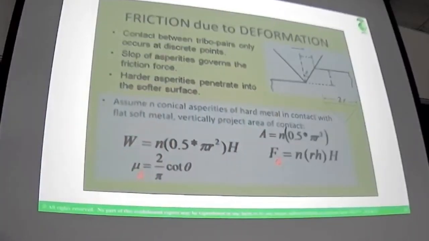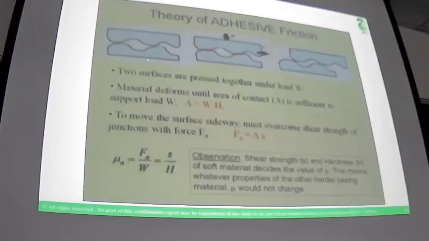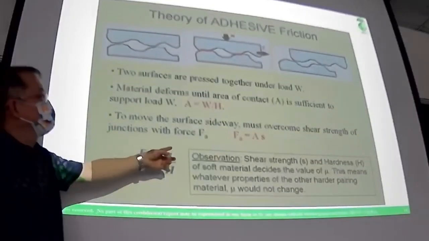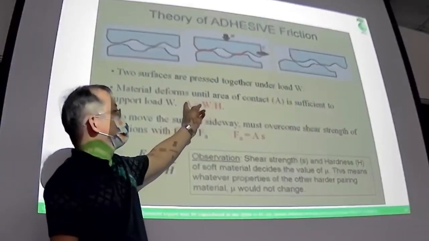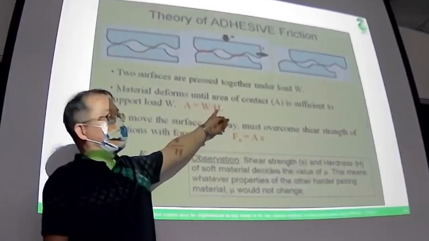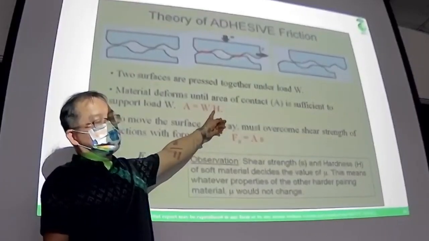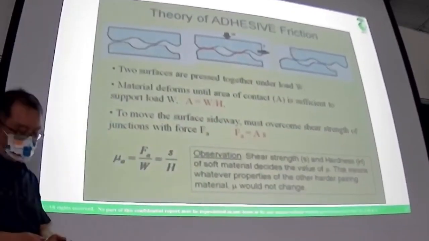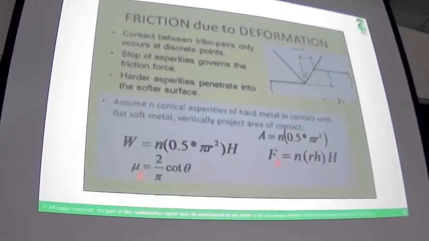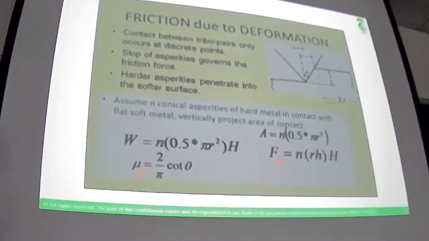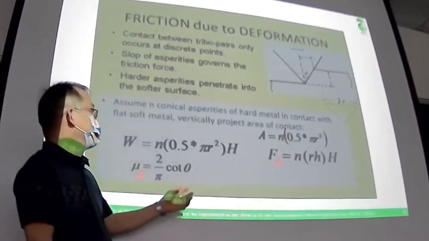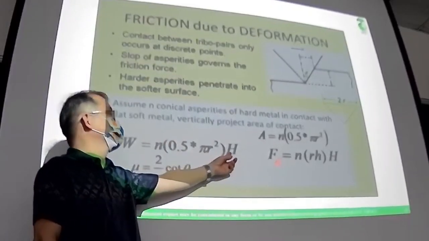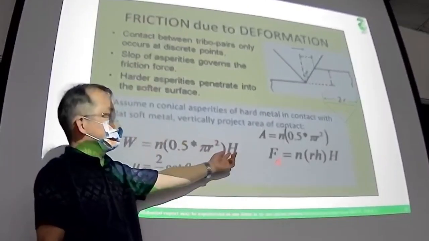And for the normal force, W is equal to the contacting area A multiplied by the hardness of the softer material.